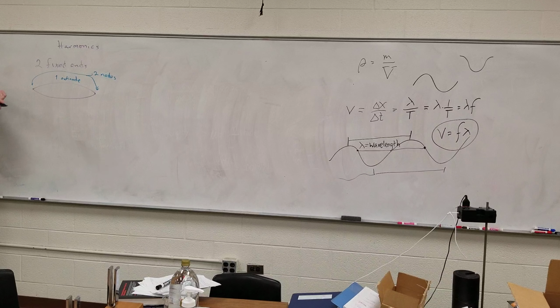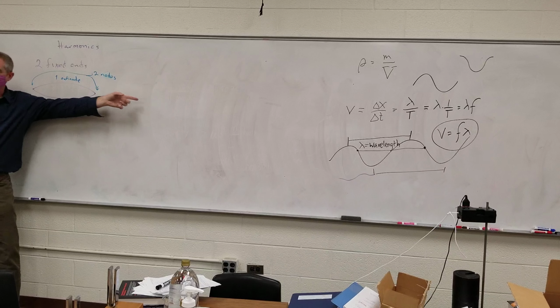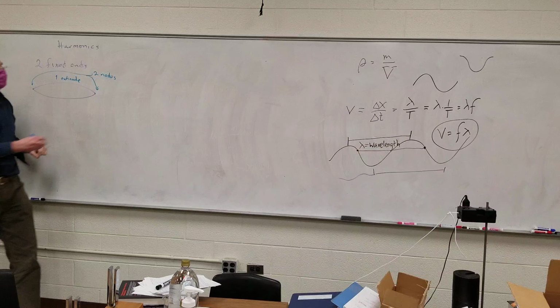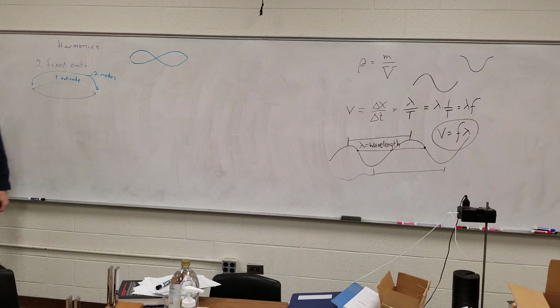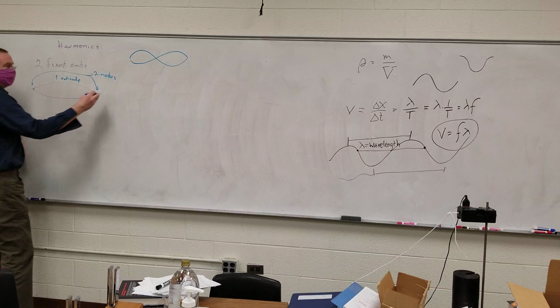So given what I said, what a wave is, what the full wave looks like, how many waves is this? One. Not one. It is half a wave. We're looking at waves generally traveling back and forth like that. A full wave would be that. So this is a half wave.